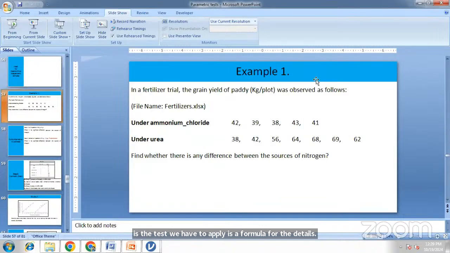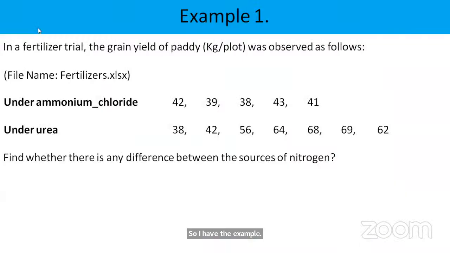So I have an example. In a fertilizer trial, the grain yield of paddy, per plot in kilograms, was observed as follows. Under ammonium chloride, the yield is 42 kilograms per plot, 39, 38, 43, 41 in the sample.